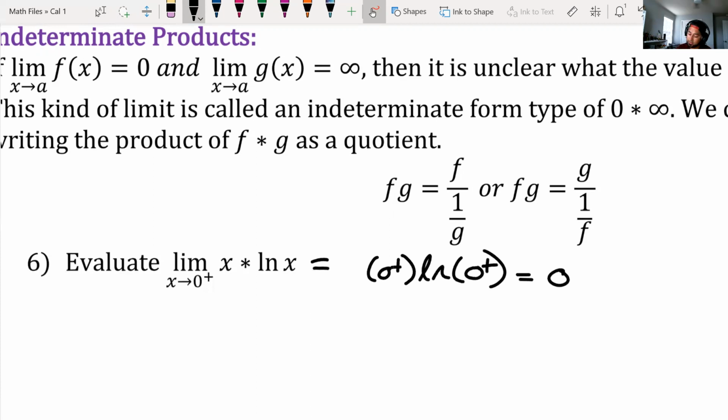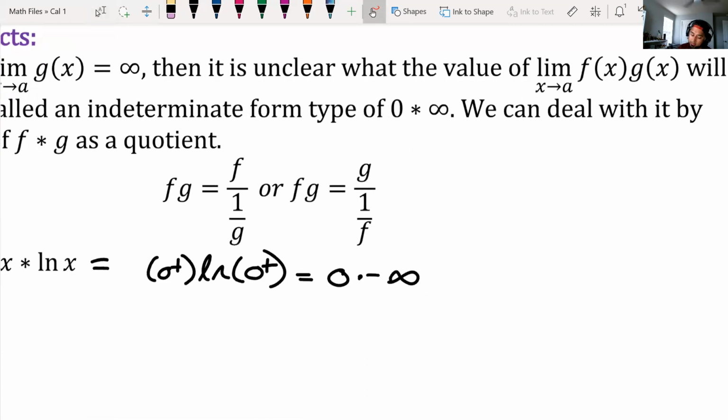The natural log, as you approach 0 from the right, is headed towards where? If you approach 0 from the right side, where are your y values headed? Negative infinity. And 0 times negative infinity is unfortunately indeterminate.